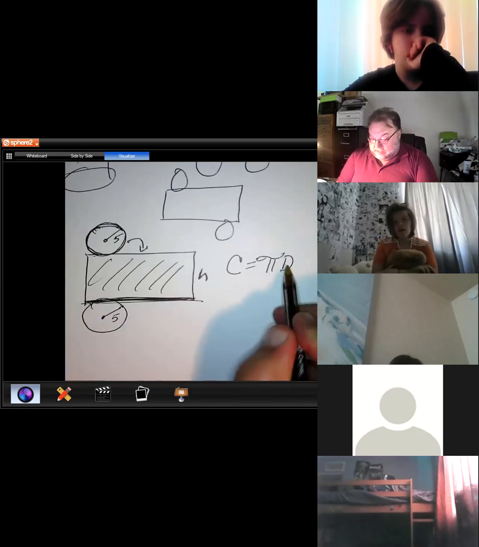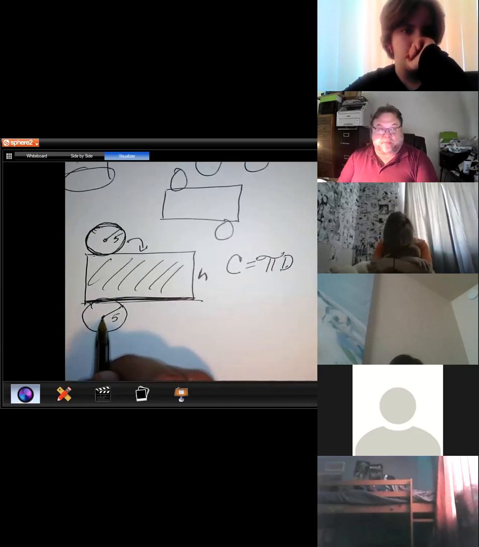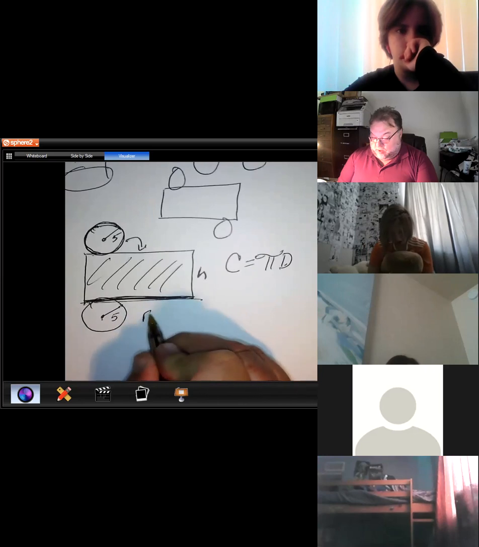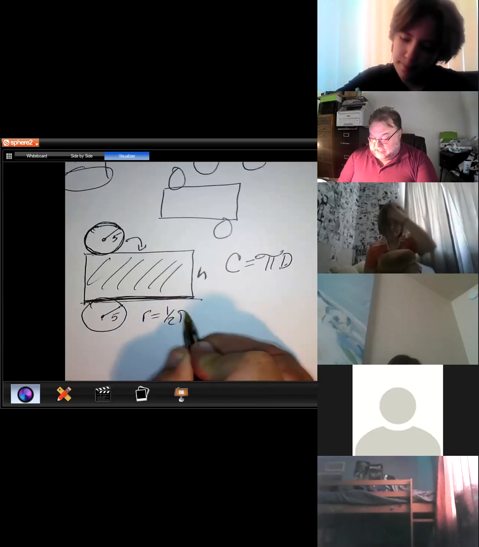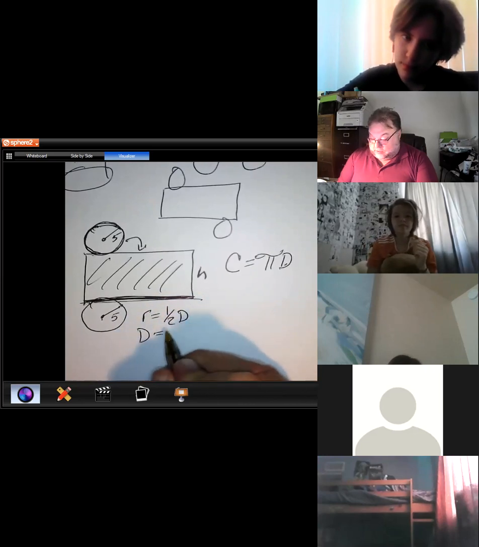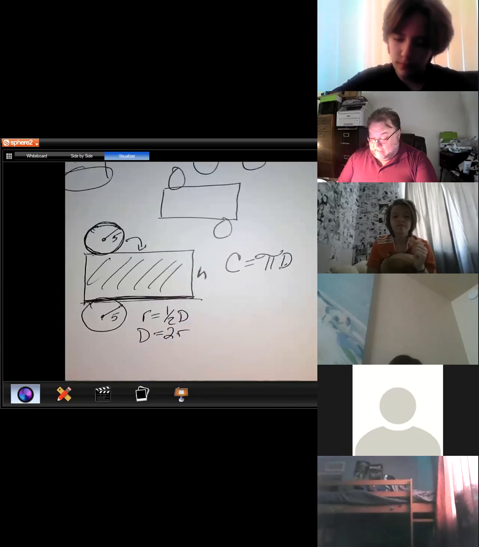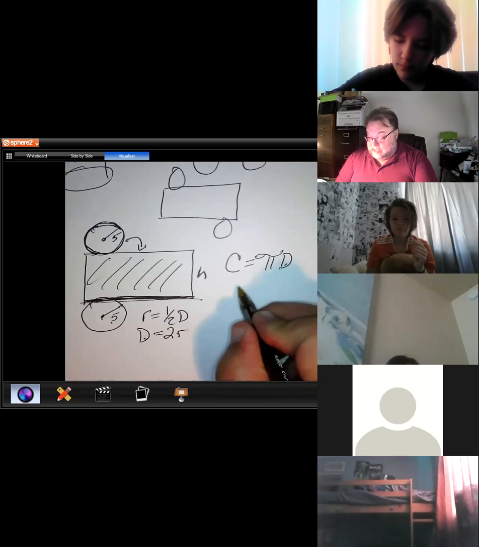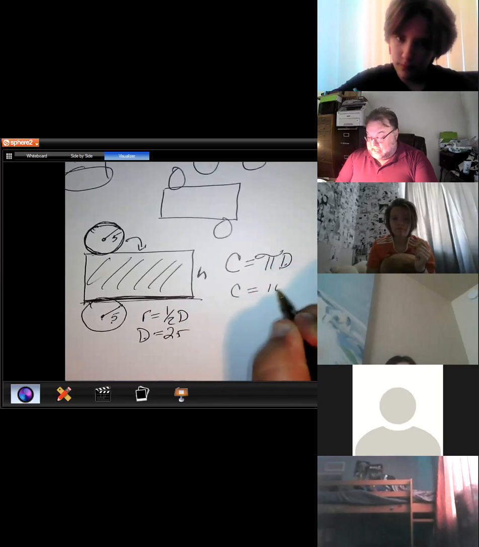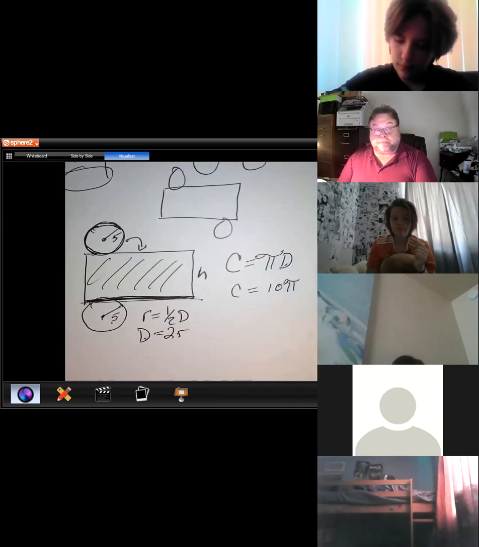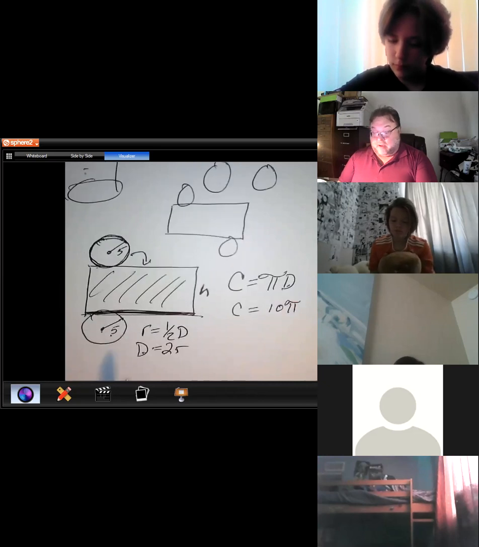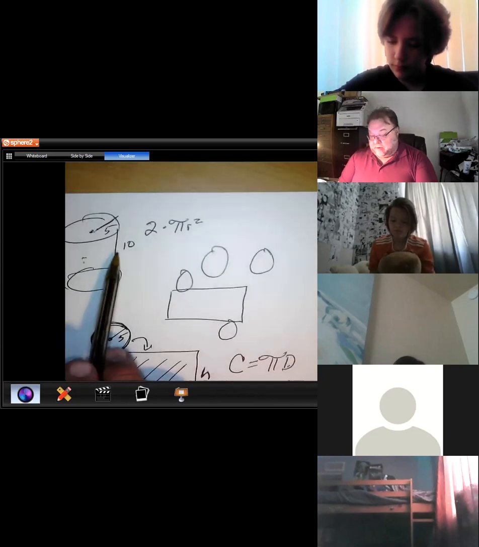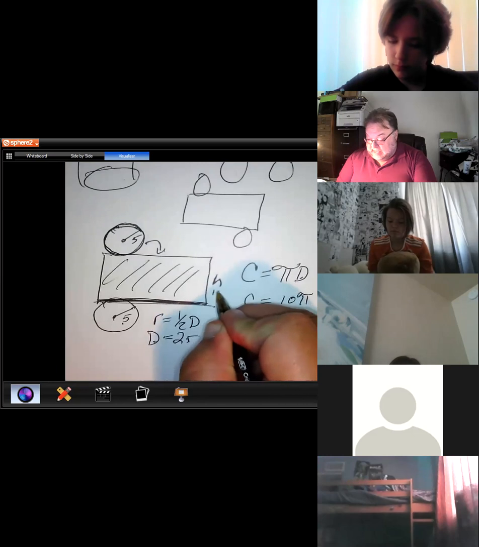So our diameter is always going to be twice the radius, right? So r equals 1/2 d, and d equals 2r. So if r is 5, 2 times r is d, the circumference is going to be 10 pi. Now, if I look up at the top here, I know that my height is 10.